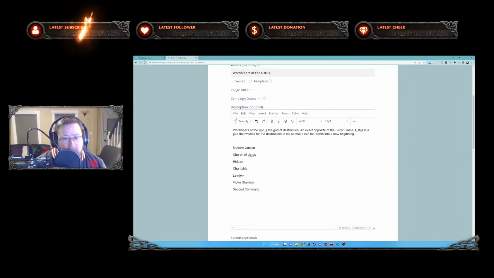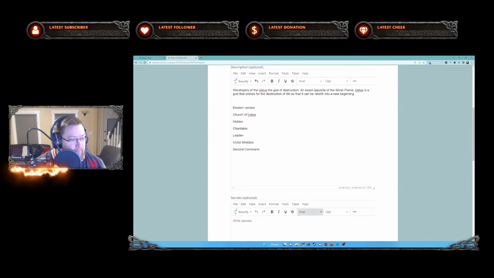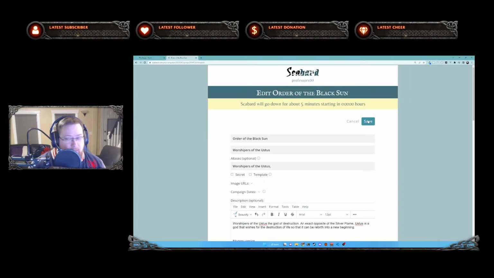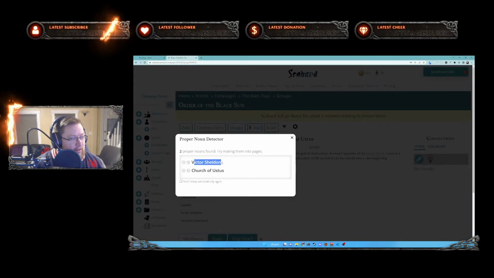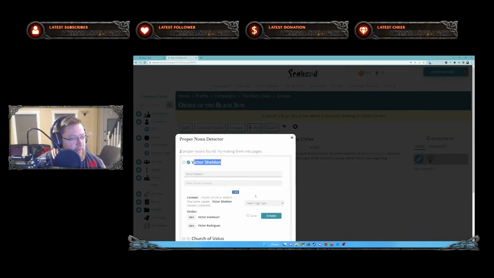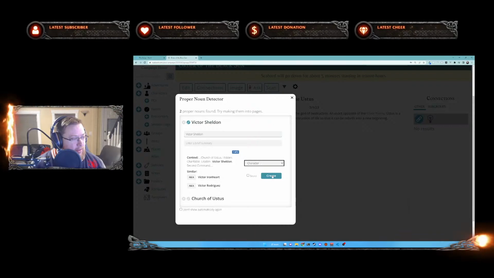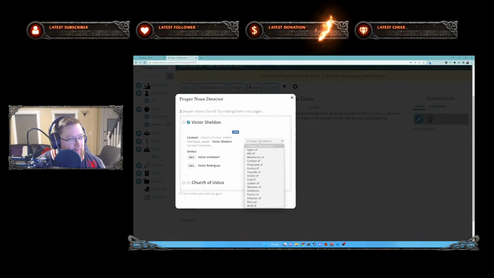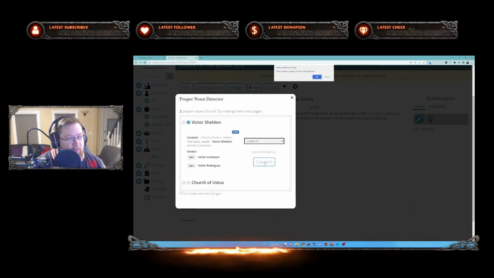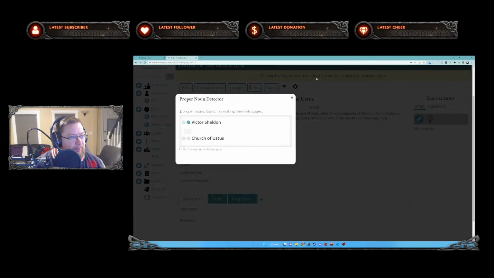What's really cool about Scabbard is if I save this right now, it's not really well written, but it's going to ask me, hey, who's Victor Sheldon? Well, I can say, hey, he's a character. I've used Victor a couple times. And we're going to call him the leader of the Black Sun, Order of the Black Sun.